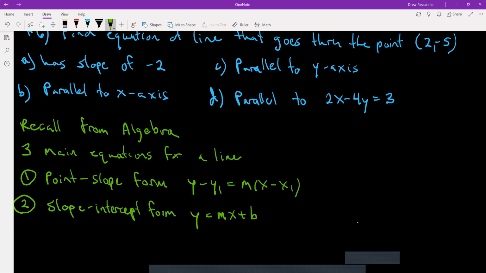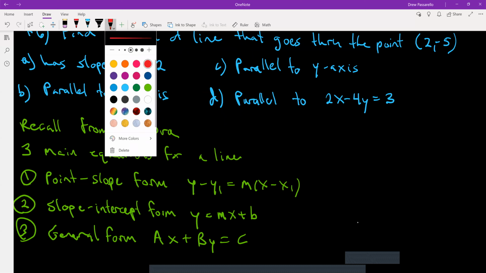And then the third one is general form, and that's ax plus by equals c. So depending on which way you want to go about it, will determine what answer you're going to have.